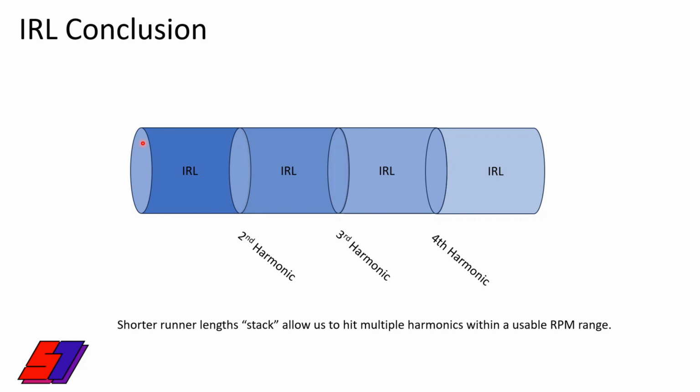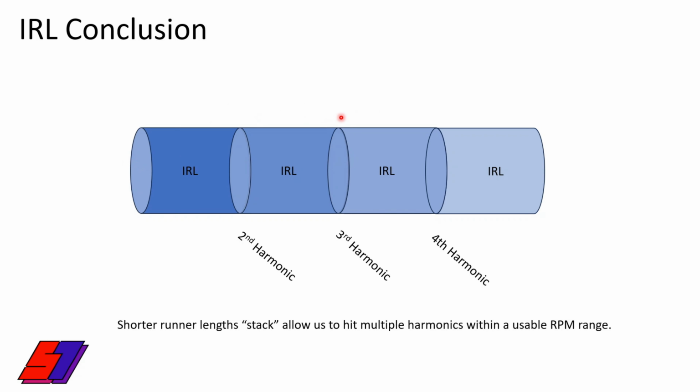So the conclusion for the intake runners is the argument for making short ones is essentially, logically, virtually, they stack on each other. Those pulses resonate, they have certain frequencies that they hit, and you have those options, kind of like building with Legos. Like, are we dealing with this harmonic or are we dealing with this harmonic?